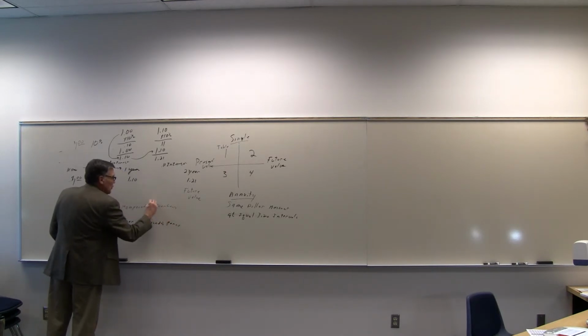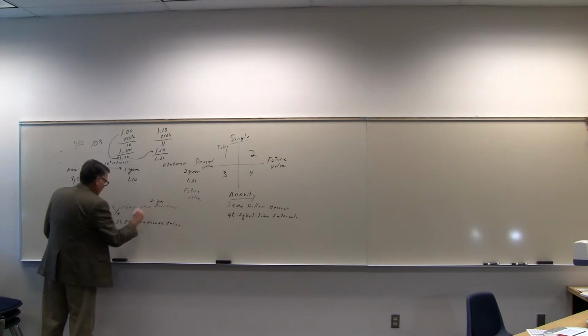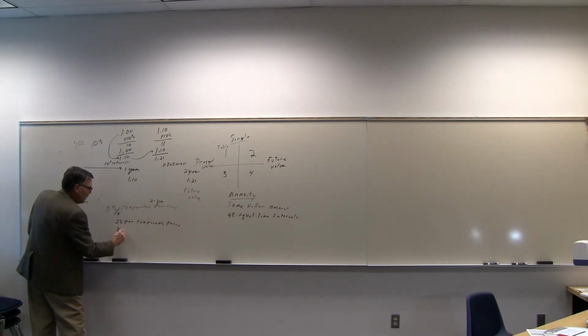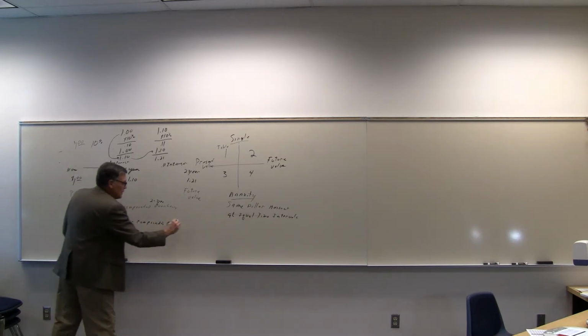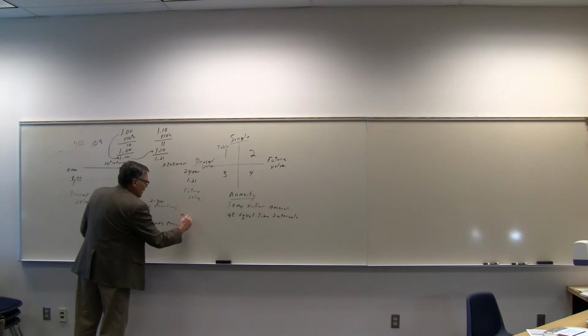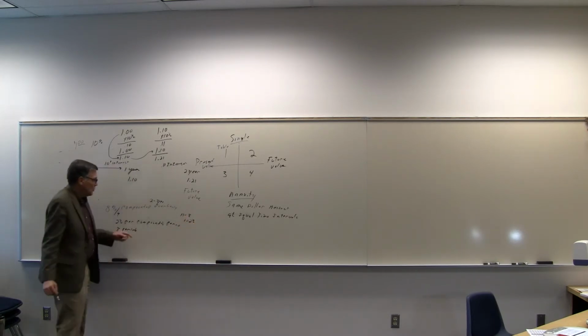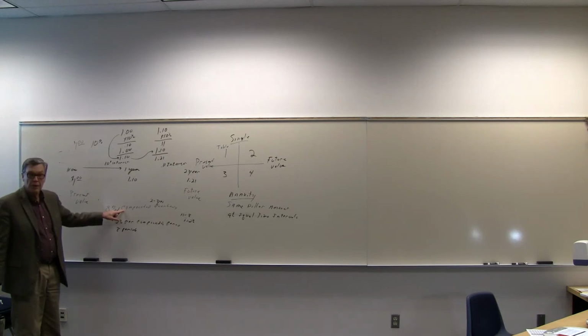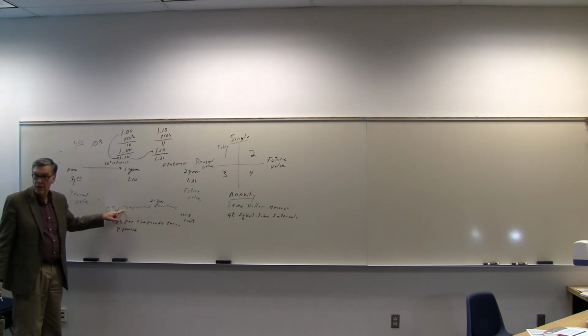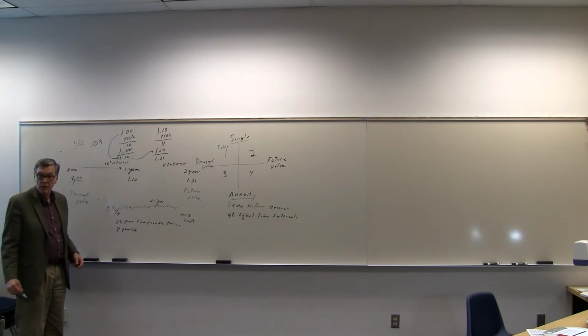And you're going to have it for 2 years, which means there'll be 8 compounding periods. So in this example, you'd have an N of 8 and an I of 2%. You figure out the number of compounding periods: 2 years times 4 per year is 8, and it'll be 2% per compounding period. Sound good? That's the other topic.